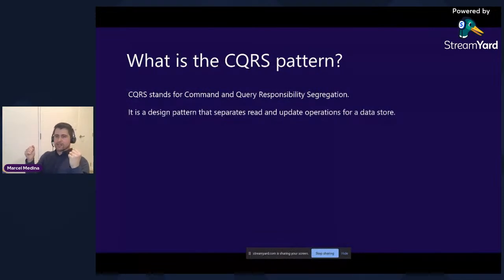In general, when we create CRUD operations or have APIs talking to our services, we put things together: create operations, read operations, updates, deletes. What we can do with this pattern is separate them. We can do only reading, and we can do updates. Create, update, delete operations are called commands, basically.